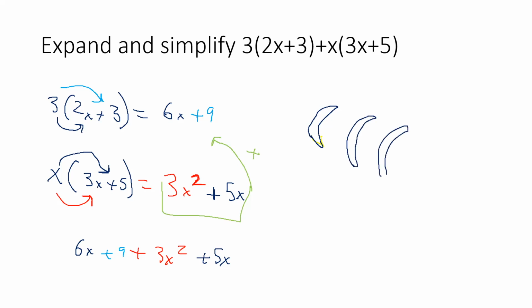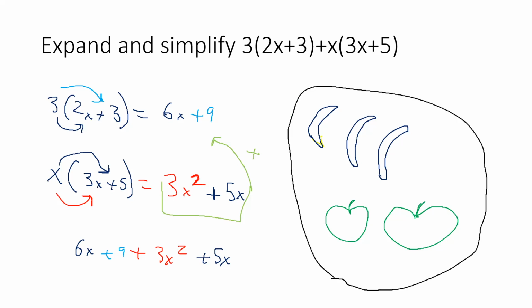So if we have a certain amount of fruit over here, right? That was bad drawing. How many fruits are in this bowl? There are 3 bananas and 2 apples.